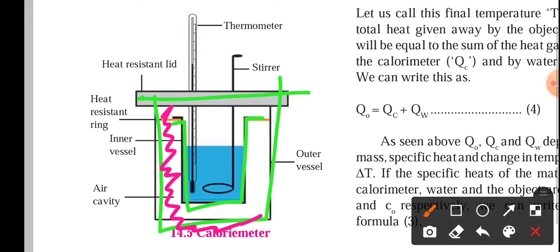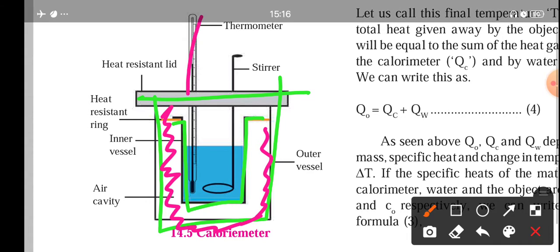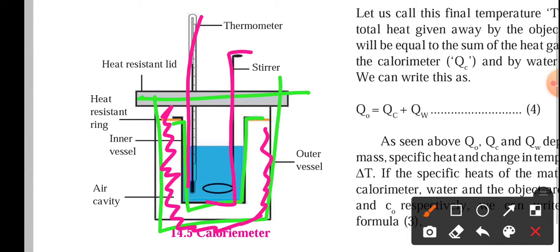It is an insulating material, which protects against loss of heat through the vessel and the calorimeter. And in this we have inserted a thermometer and a stirrer. What exactly are we doing? We are taking a liquid inside this.